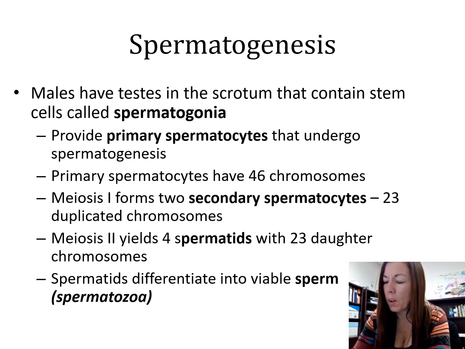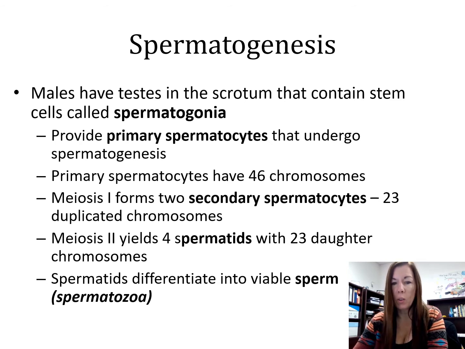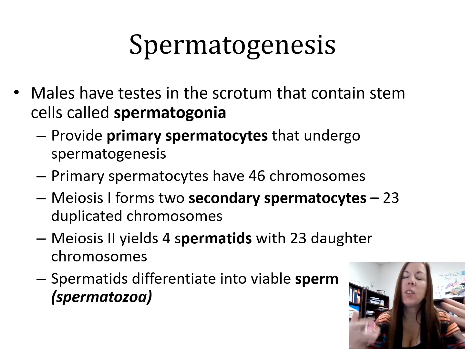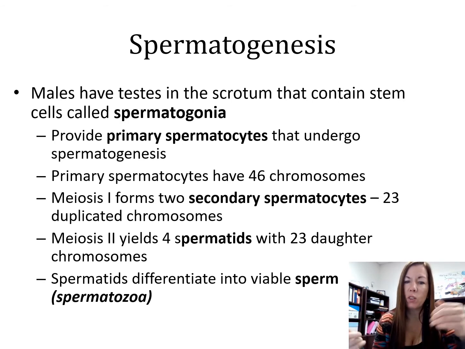After meiosis 1, you end up with 2 secondary spermatocytes, which is great. They're haploid, but they're not really haploid yet, because remember, at the end of meiosis 1, you have those 2 daughter cells that are haploid, but the sister chromatids are still stuck together, so you've got to do another division so you can separate those sister chromatids.